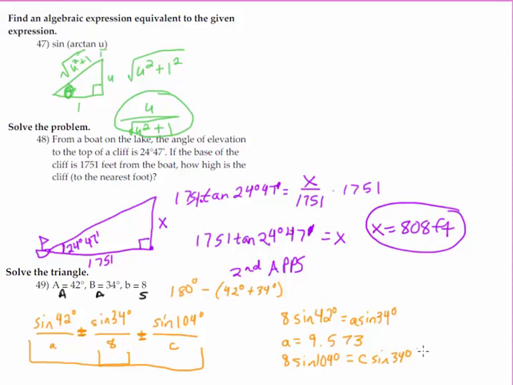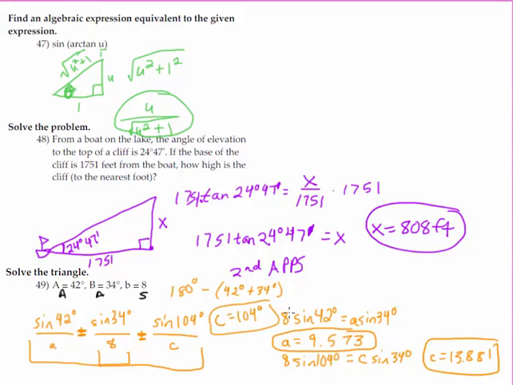That's 13.881. So the three parts we needed were big C, little c, which we have all of those right there.